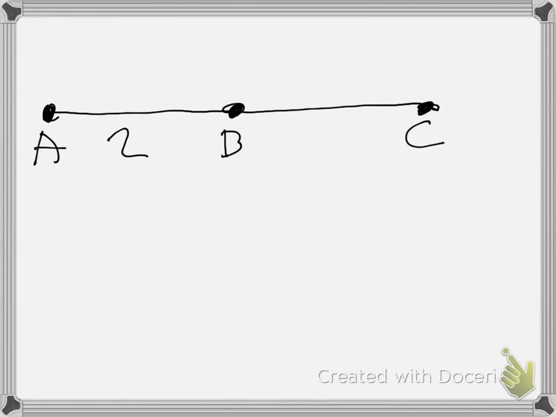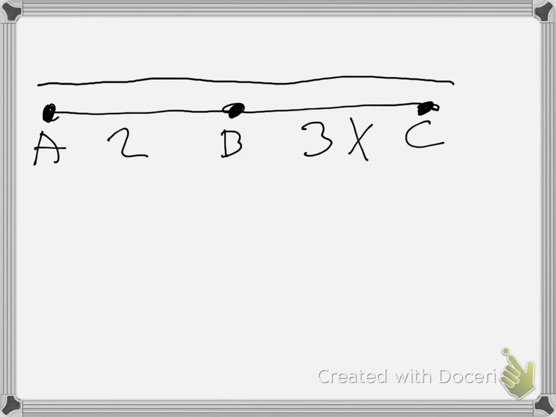From B to C, 3x, and then the whole thing is 1x plus 4. Okay? The first thing we should do, as always, write down what we know.